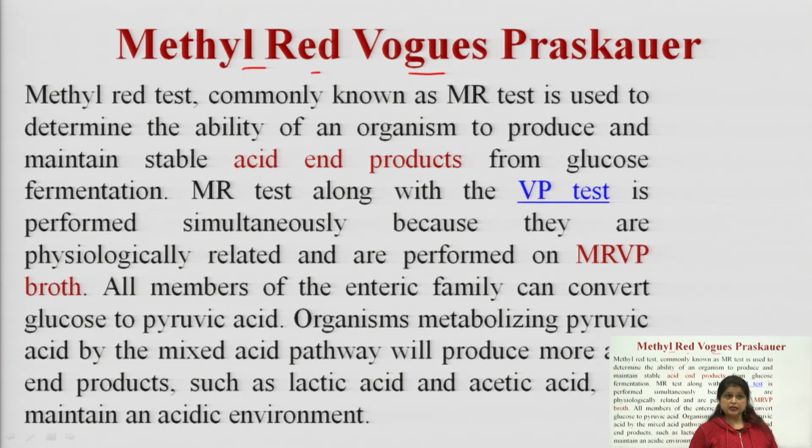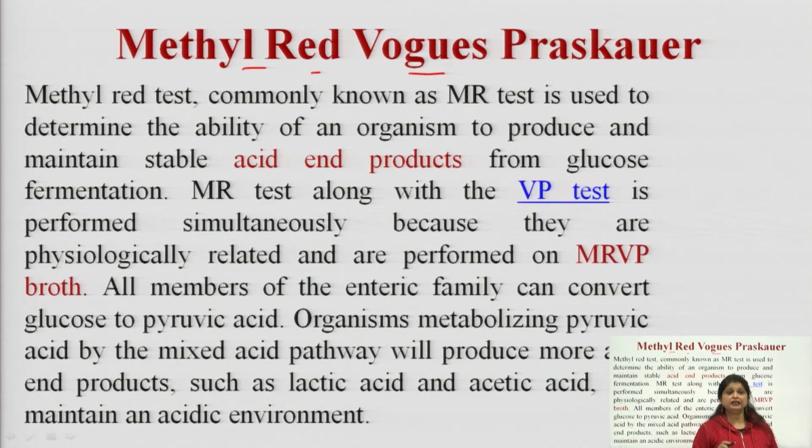The bacteria which release acid as the end product. When they ferment glucose, what will they do? They will make the preparation acidic, and the preparation will be identified with the help of methyl red. Some of the bacteria also make the preparation basic in nature.